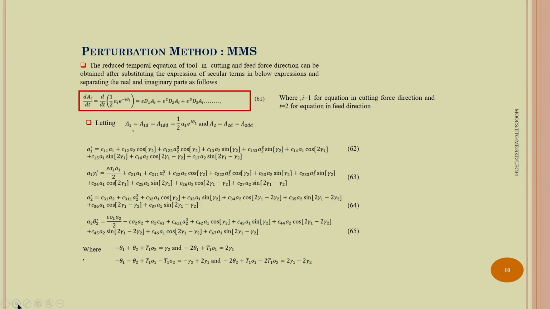So, we can write, taking these, a equal to half a e to the power i theta form.